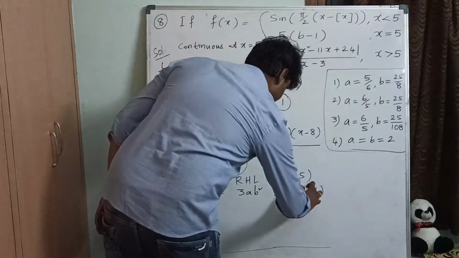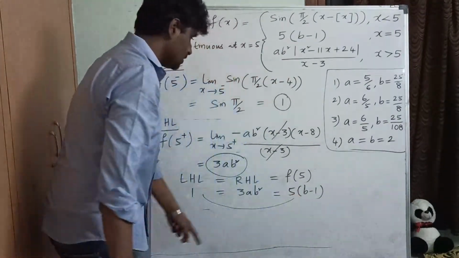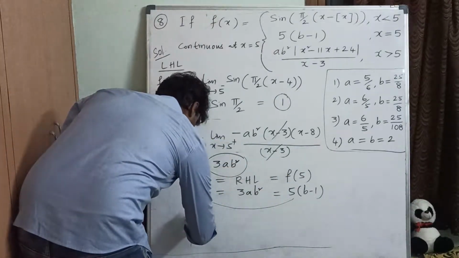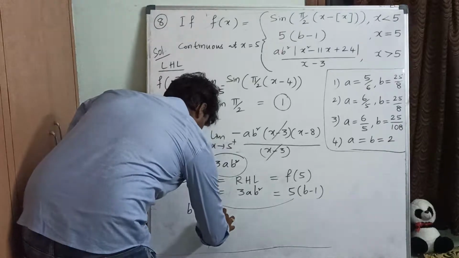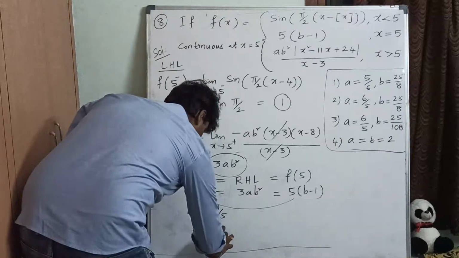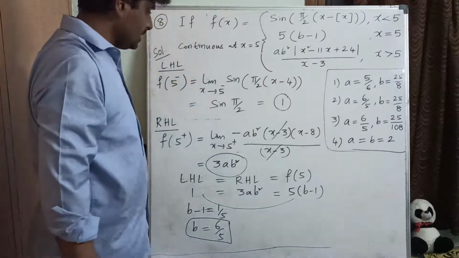Now it's very simple to calculate ab. If I equate these two, b minus 1 equals 1 by 5. Correct? So finally b equals, what do you get? 6 by 5. So b equals 6 by 5 is the answer.